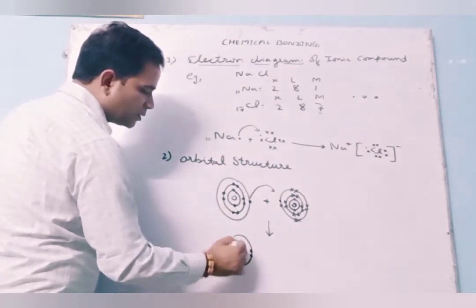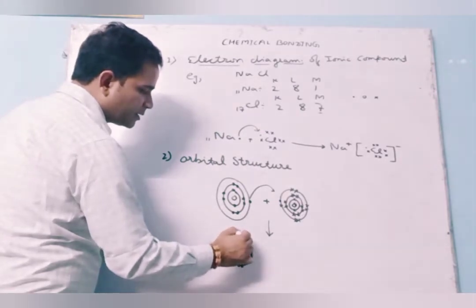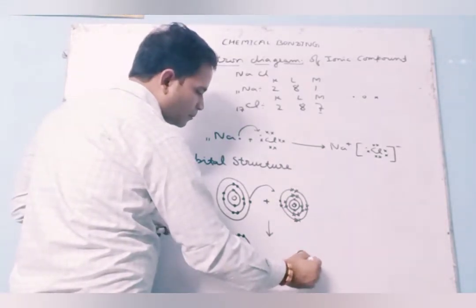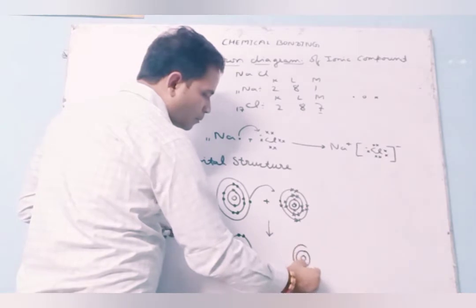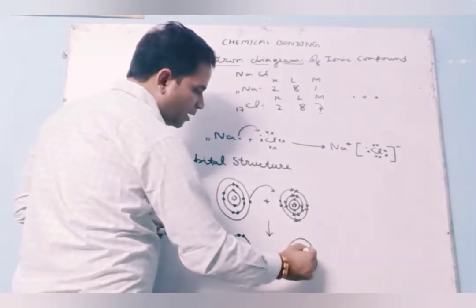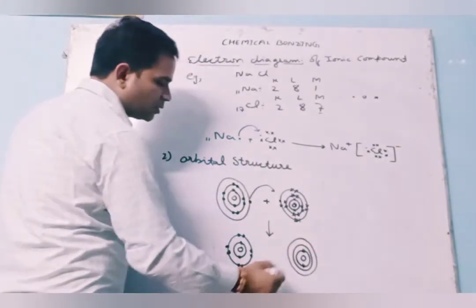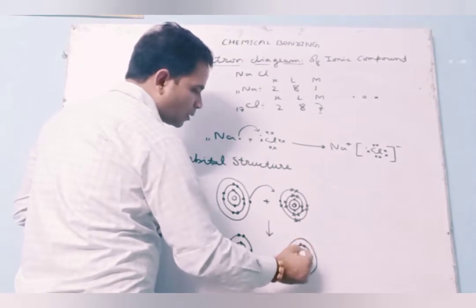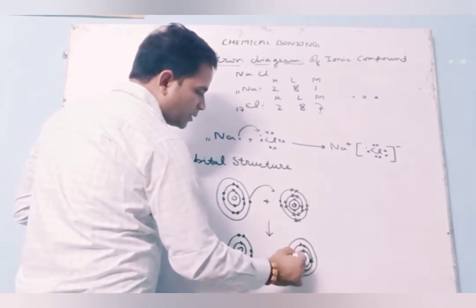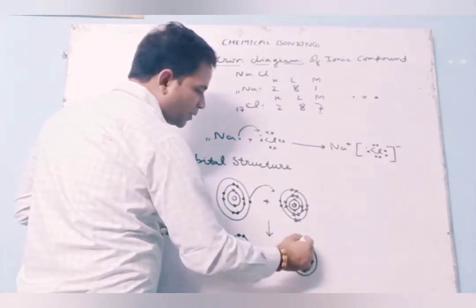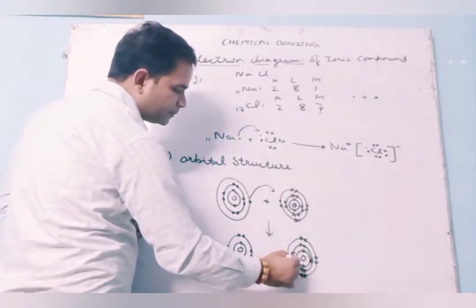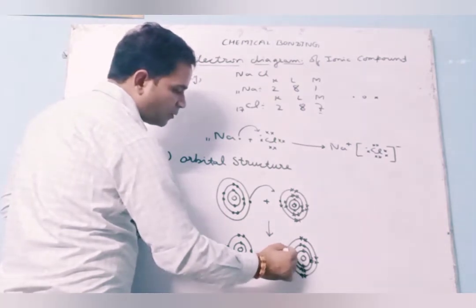2 to 4 to 6 to 8, and here, see, here the one electron, 2 to 4 to 6 to 8, here now 2 to 4 to 6 and one electron.